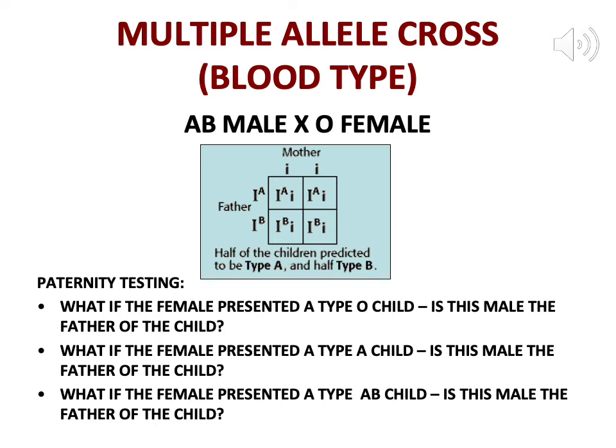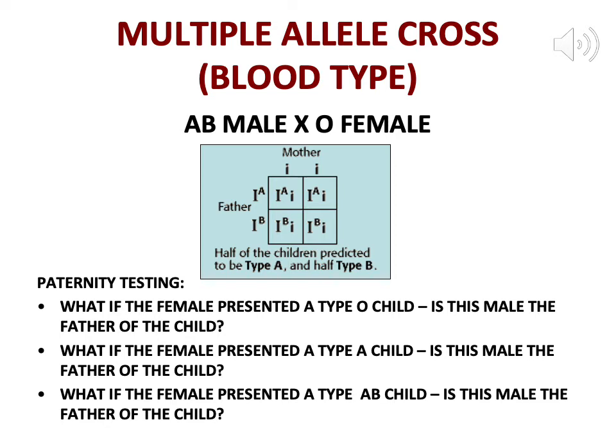And one of the easiest ways of getting after a paternity suit is to do a blood type of the man, a blood type of the woman, and a blood type of the child. And you can very easily determine the possibility that he might be the father.